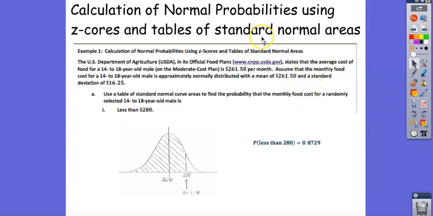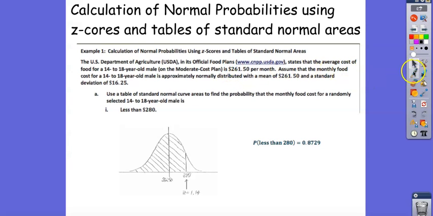Okay, so we want calculation of normal probabilities using z-scores and tables of standard normal areas. We did this on the last example in the last lesson, but let's look at this one. It says the U.S. Department of Agriculture states the average cost of food is $261.50.